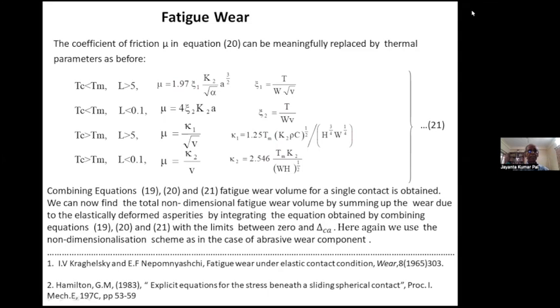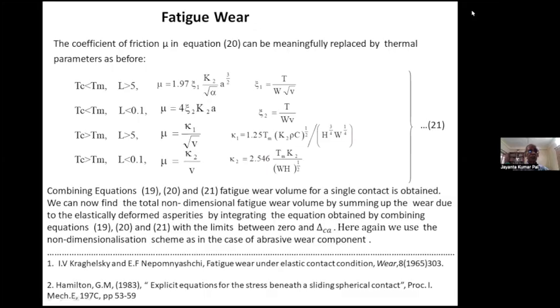If the contact temperature is less than the melting point and the speed, or Peclet number, which represents the speed, is larger than 5, then mu, the coefficient of friction, is given by 1.97 zeta 1 K2 by root alpha a to the power 3 by 2, where zeta 1 equal to T by W root V. K2 is the thermal conductivity, alpha is the diffusivity, and a is the contact radius, as we discussed earlier, and V is the velocity.